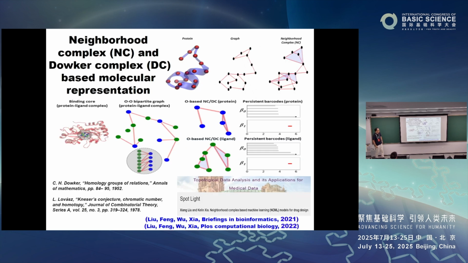So here are some of the games we have played. The first one is this neighborhood complex. So the idea is like this. If I have a graph representation for a certain structure, I can try to generate a simplicial complex, a special complex from it, called a neighborhood complex. So you see here, I have a node here, and these three nodes are the neighbors of this point.